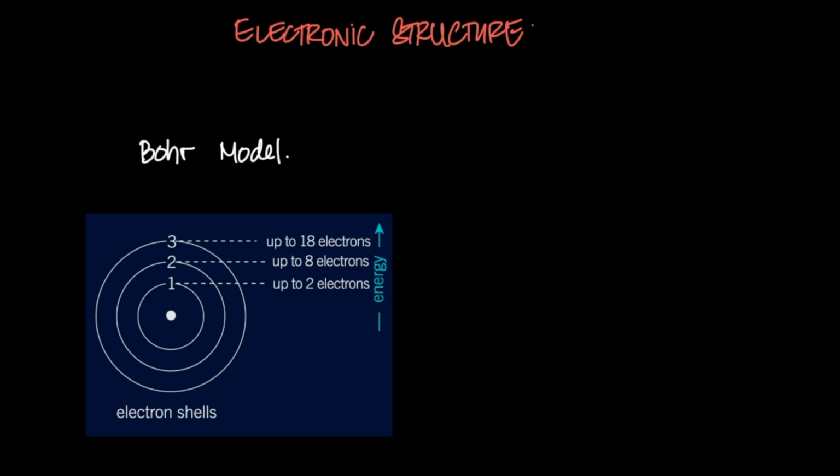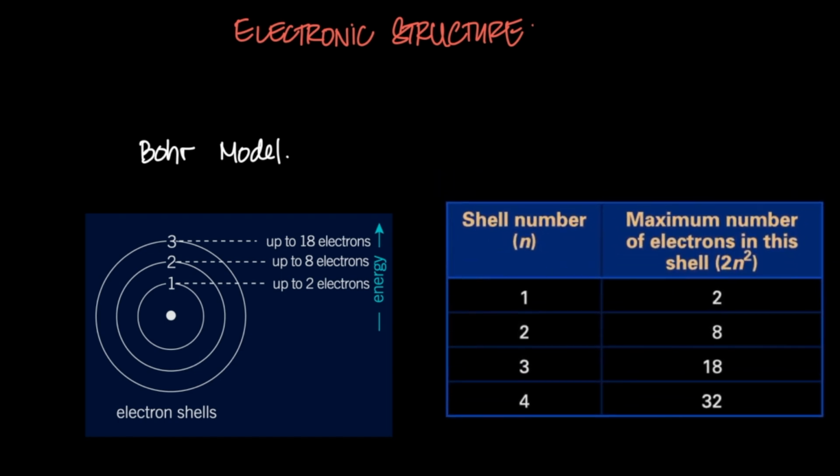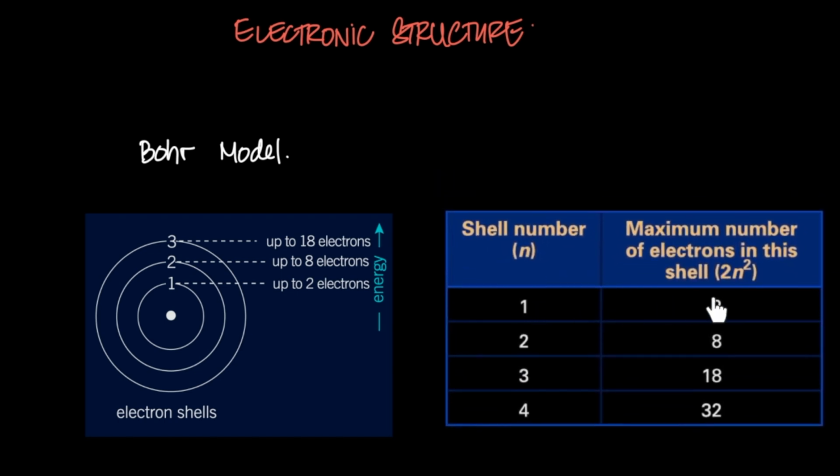And as far as shells are concerned, we know that certain shells have a certain maximum, and the rule or formula that we had learned to determine the maximum number of electrons in a shell was given by 2n squared, where in the first shell we have discovered that there are only 2 electrons. The second shell we know there are a maximum of 8.